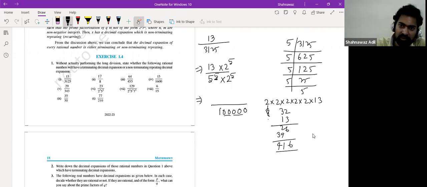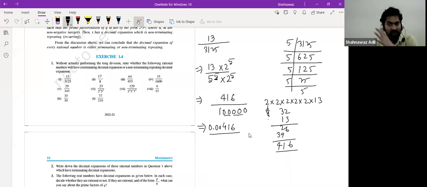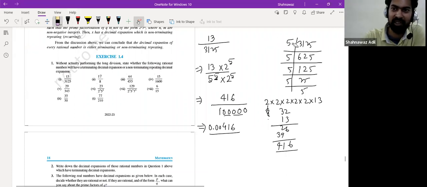Understood? Yes, sir. So the decimal expansion will be 0.00416, right? So without actually doing the division, we have verified that it is a terminating one, right? Yes, sir.